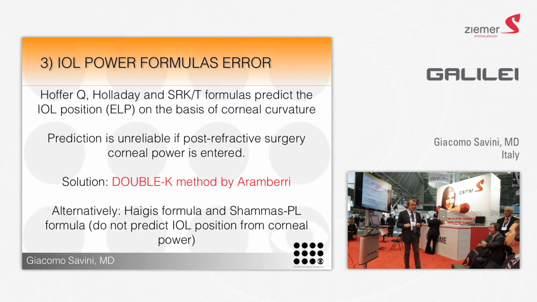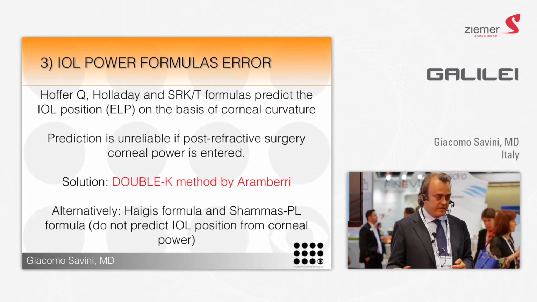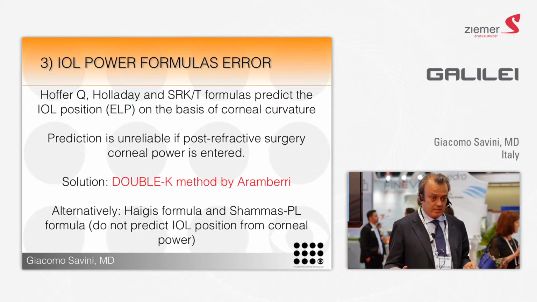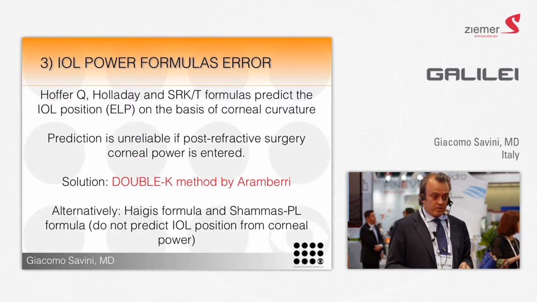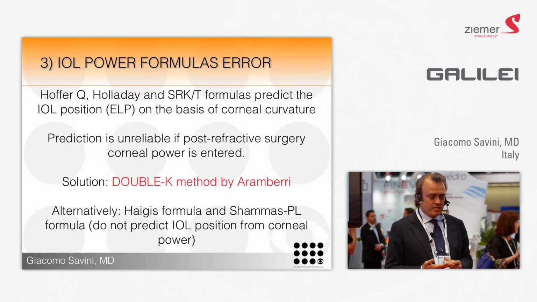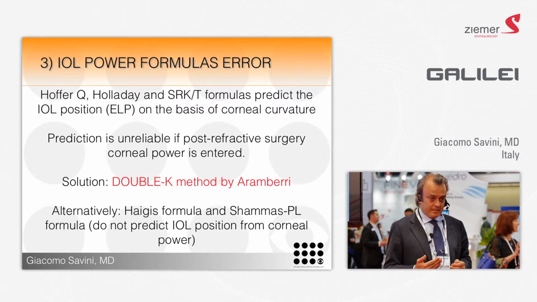Much more important is the problem of the formulas, because I think that everybody in the world uses the SRK/T, Hoffer Q, and Holladay 1 or Holladay 2 formulas. Somebody is also using the Haigis. The Haigis formula is not affected by this issue, but the other formulas, which everybody uses, suffer from LASIK and PRK because they predict the ELP, the position of the lens, based on the corneal curvature.